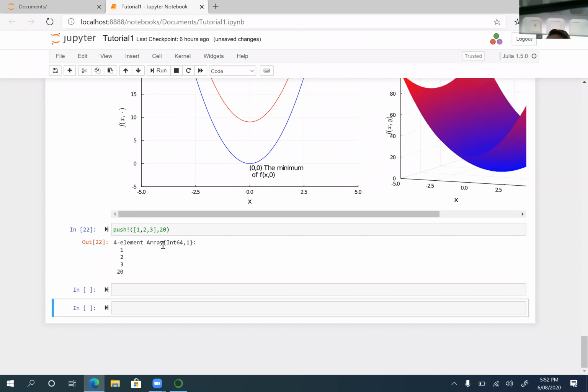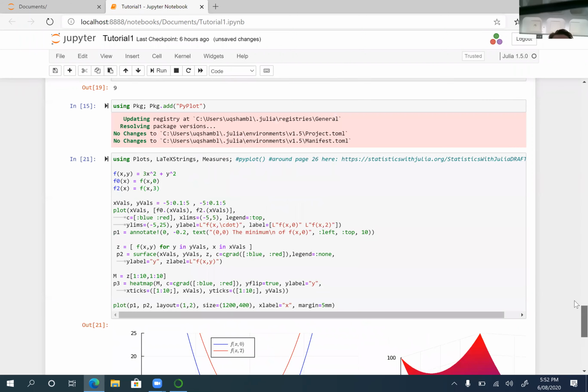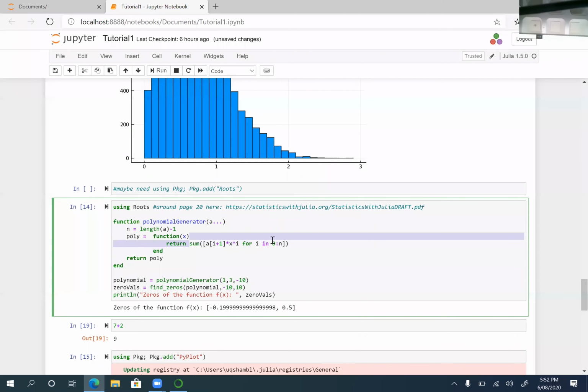Okay, so you want to generate a polynomial formula manually. Well, you just pull out a little bit of this code here. Okay, so let's just have a go at this. I'm going to copy this.